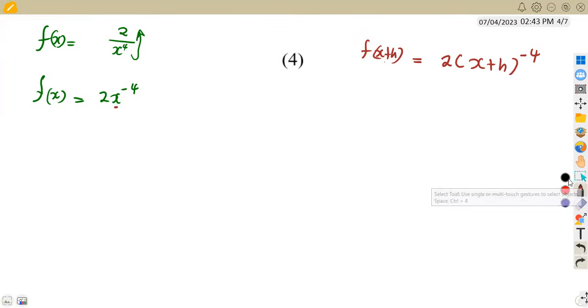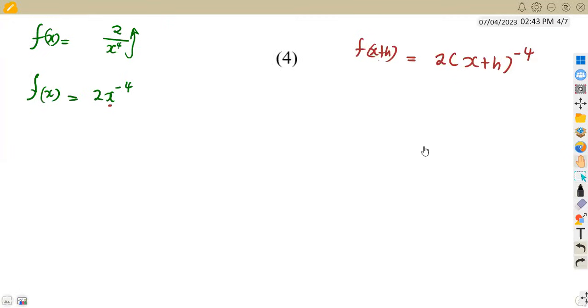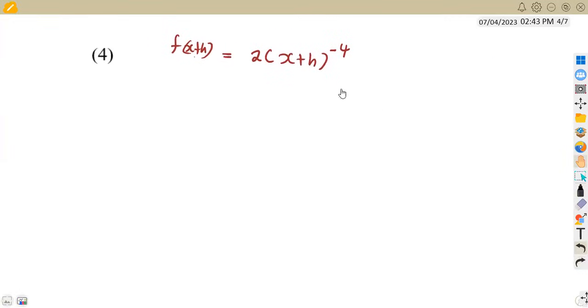But on this part here, the f of x plus h, what you are given there now is our worry to say, how can we expand this? Because it's a bracket being raised to the exponent of -4. So it means we are supposed to think of the binomial expansion now. There's a negative exponent here. So meaning to say, for us to expand this, there is no other way.